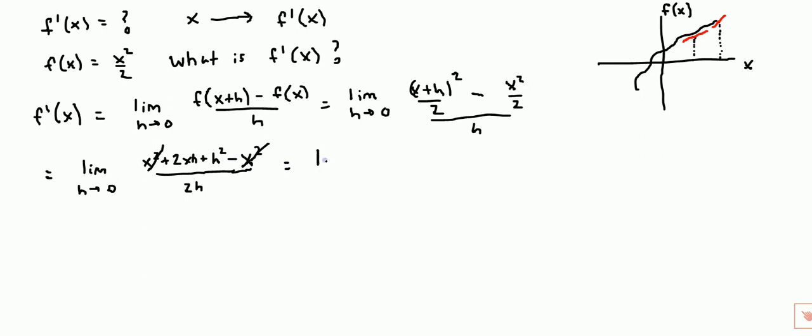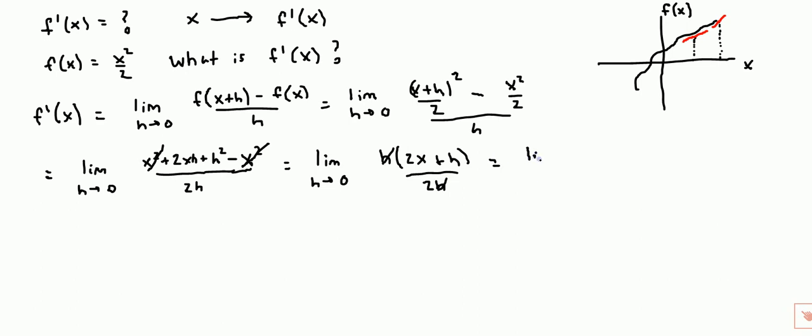I'm left with the limit as h approaches 0. And then these terms share an h, so we can factor out an h. If I take an h away from this, I'm left with 2x. If I take an h away from this, I'm left with h. Now these h's cancel.